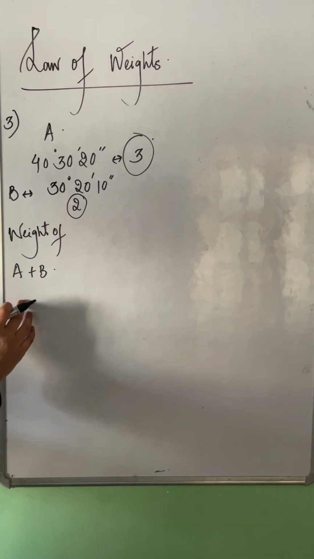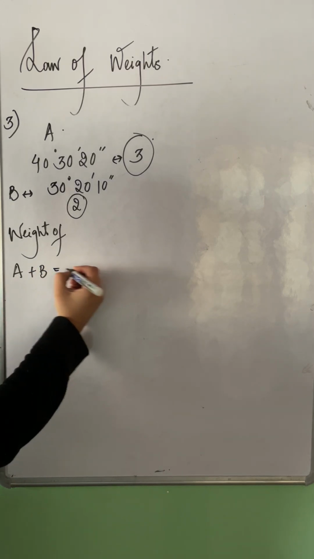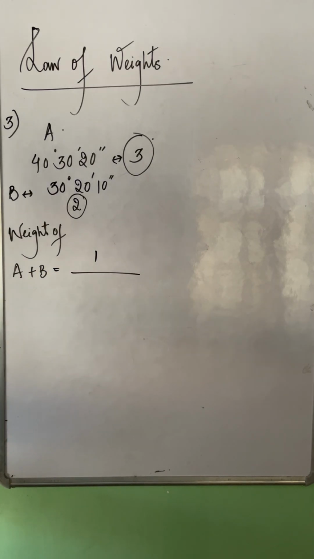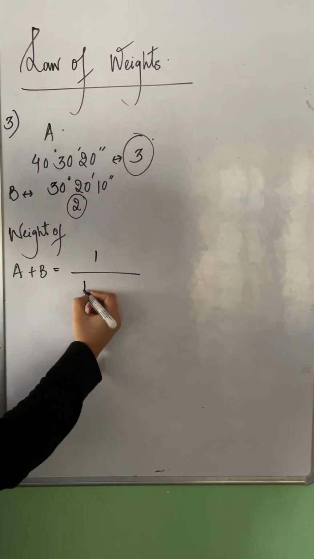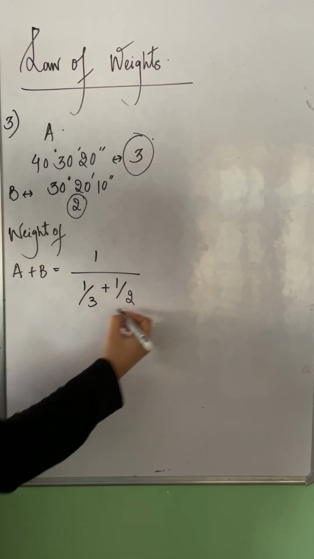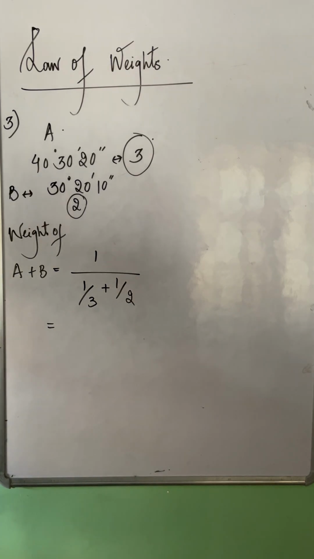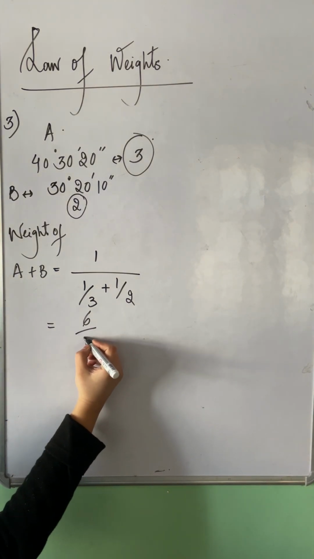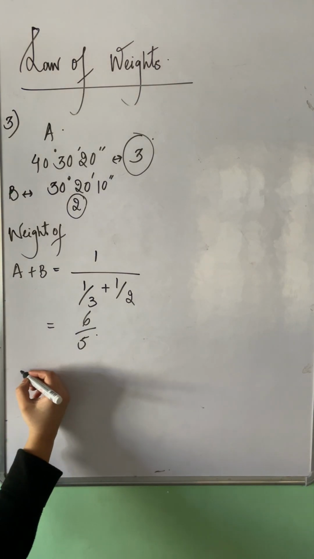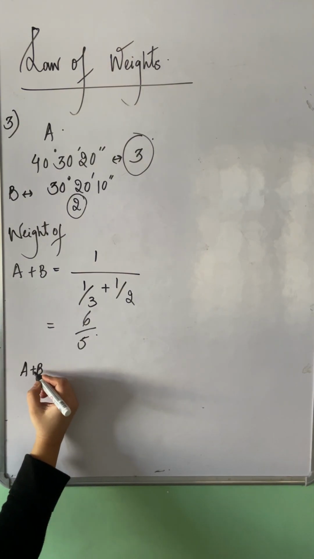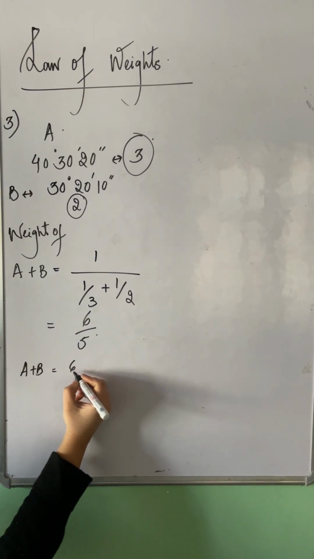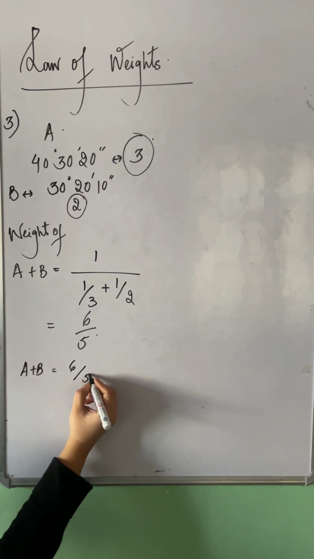So the weight of A plus B will be the reciprocal of the sum of reciprocals of individual weights. By calculations, it will come equivalent to 6 by 5. So the weight of angle A plus angle B is equal to 6 by 5.